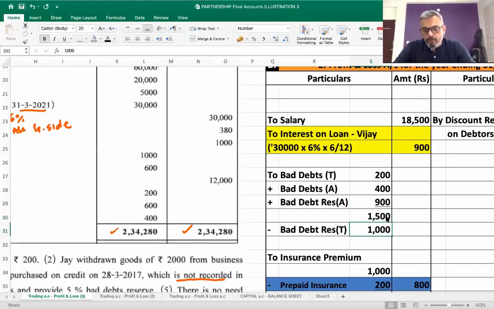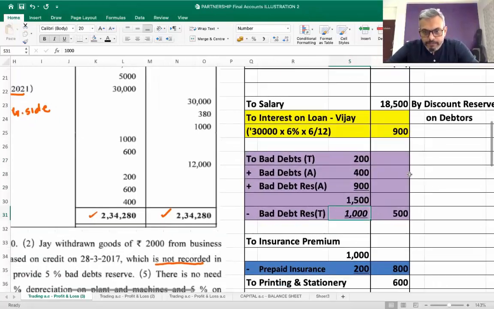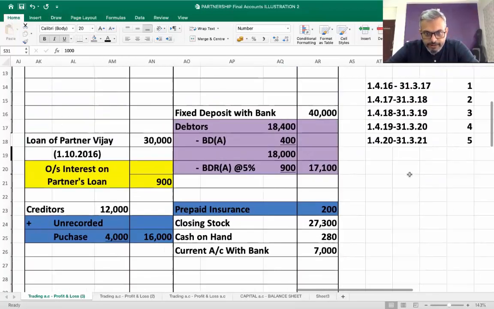And 1000 is already there as per trial balance. So outer column 500. So bad debt reserve adjustment, just go through it.